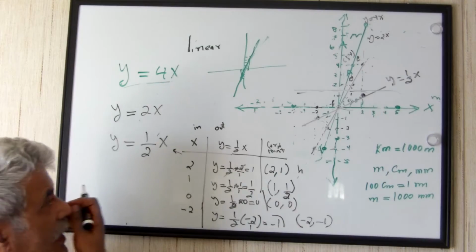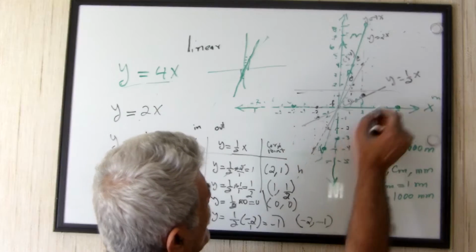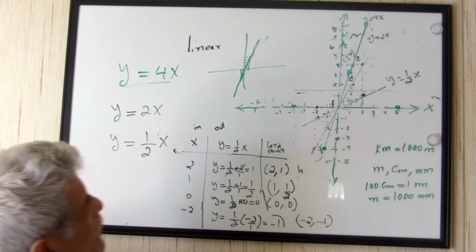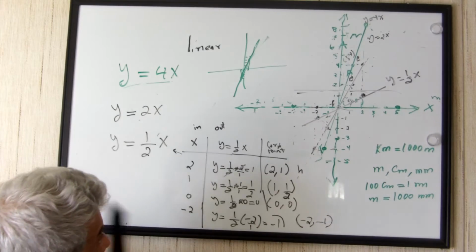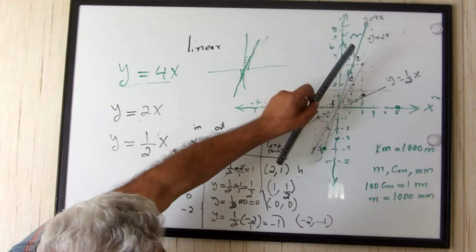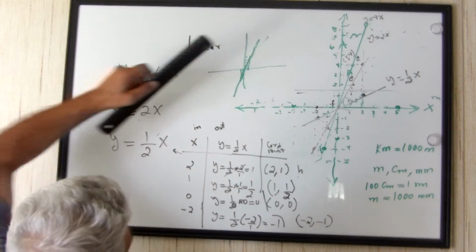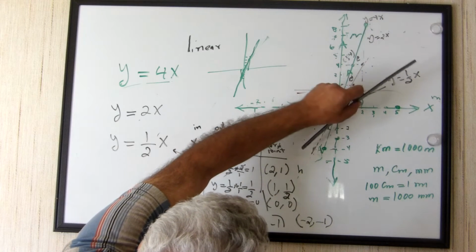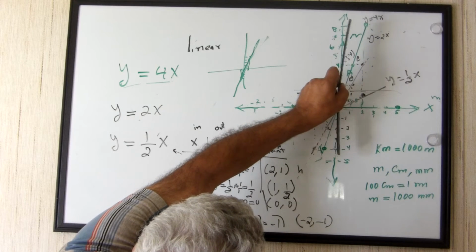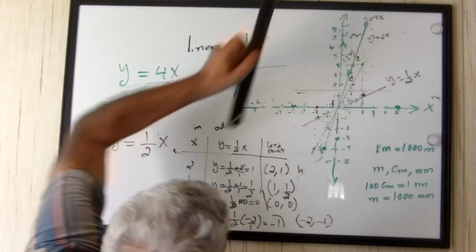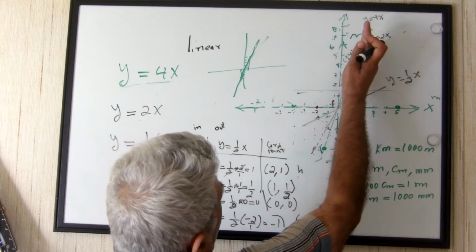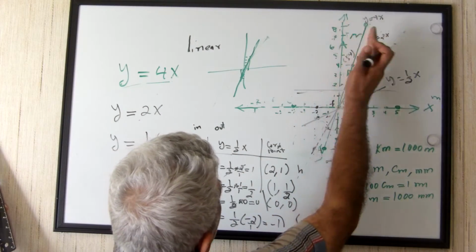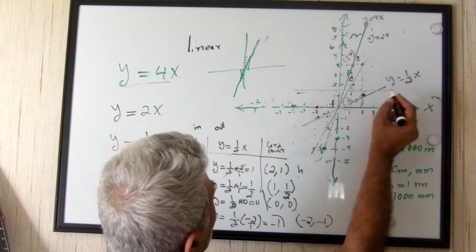This has a 0 slope. These functions show how steep they are. It's getting steeper this way, and this way it's 0. I'm sorry, infinity. Here the slope is 0.